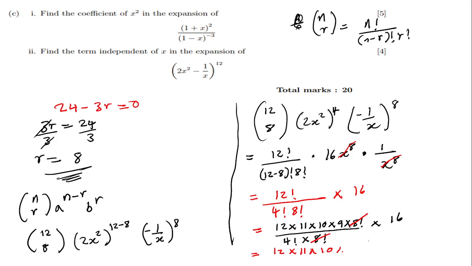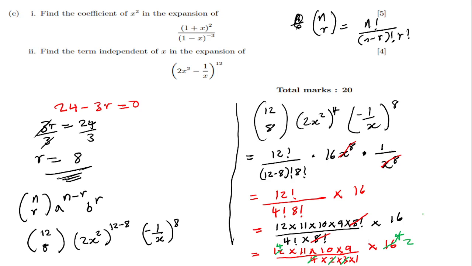So after I do that, I'm having 11 times, I can say 4 times 2, it's 8. So I'm having 11 times 10 times 9 times 8, because 4 times 2, it's 8.